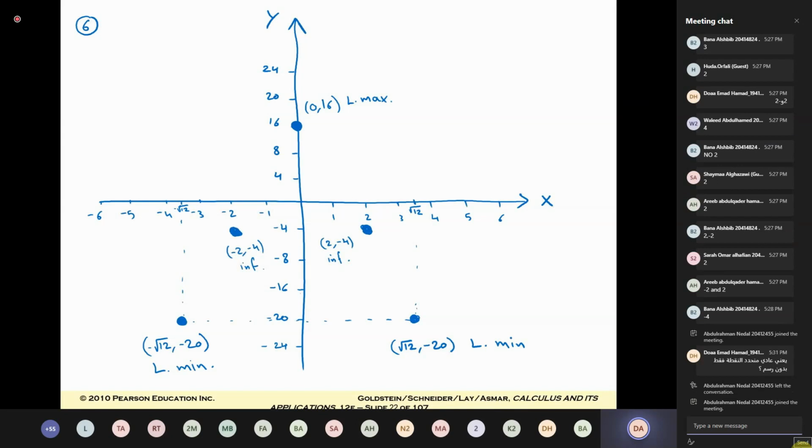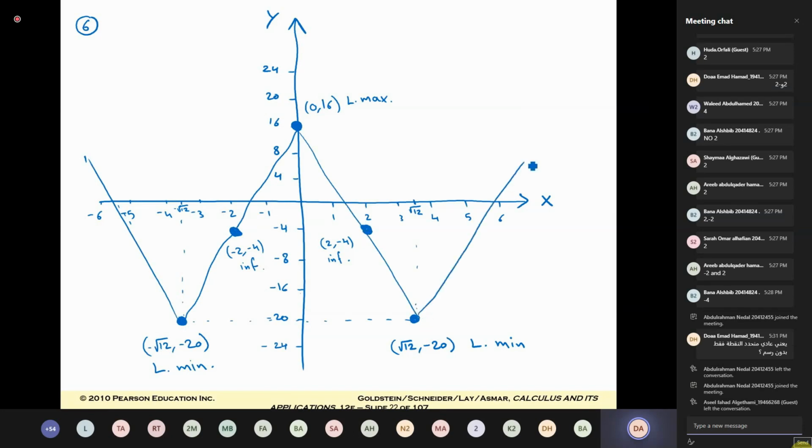The function is decreasing from minus infinity to radical negative 12, like this. Put it in a straight line like this, decreasing and increasing, and decreasing and increasing like this.